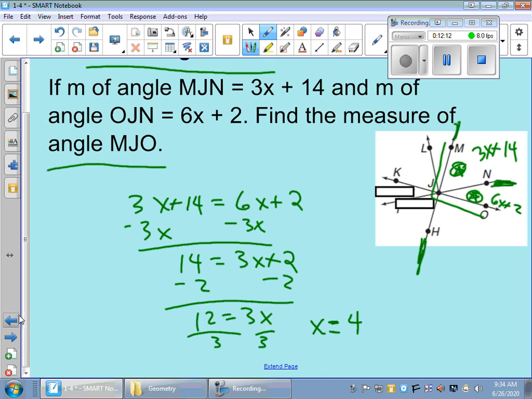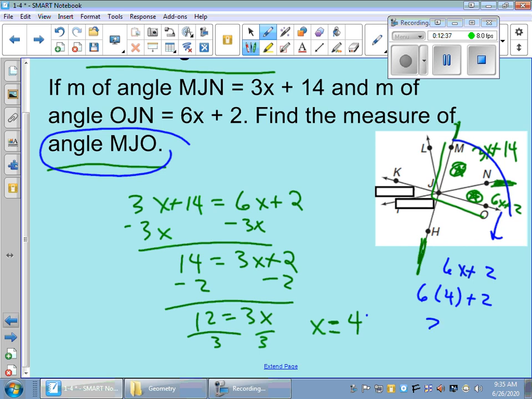Now we have to go back and see what they asked for in the problem. They want the measure of angle MJO, which is the entire angle right here. So we have to find one of the two angles. Let's use this one: 6x plus 2, and x is 4. 6 times 4 is 24, plus 2 is 26.